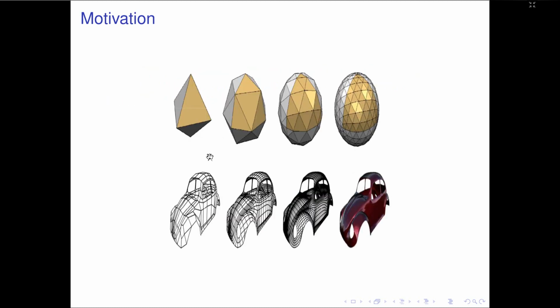These are other examples of applications of subdivision schemes. Here we start with an initial mesh of a car, and by applying the subdivision scheme three times, we finally arrive at this smooth car.